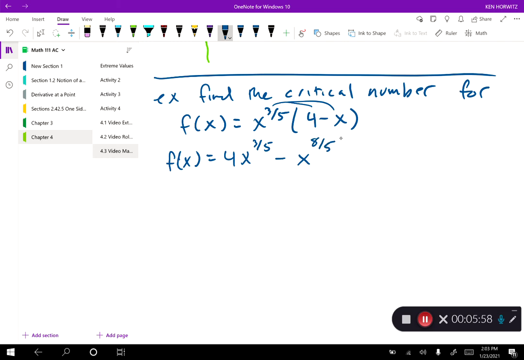All right, and now when I do f prime of x, that equals 12/5 x to the negative 2/5 minus 8/5 x to the 3/5.